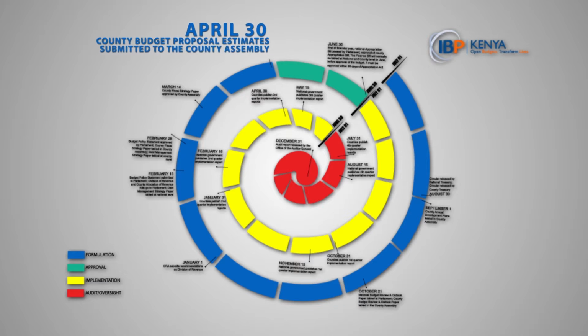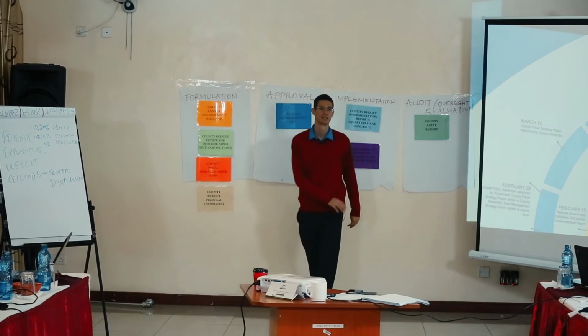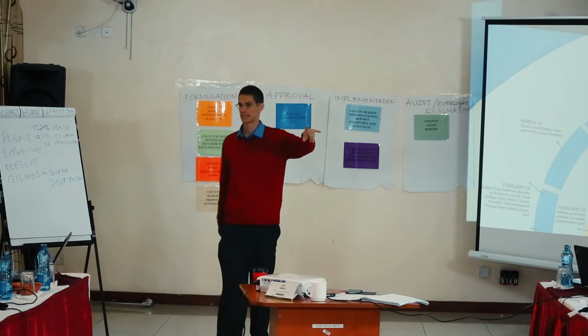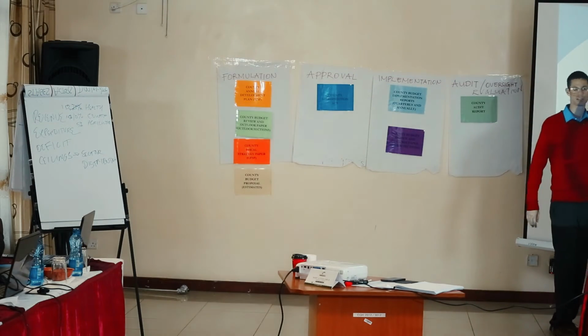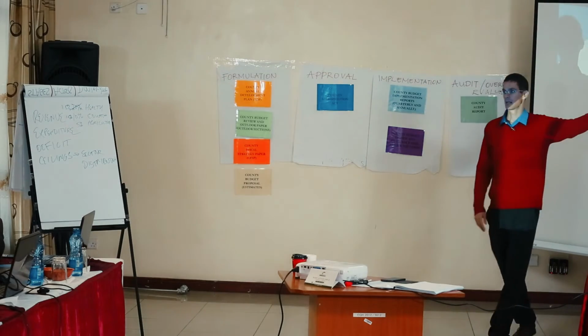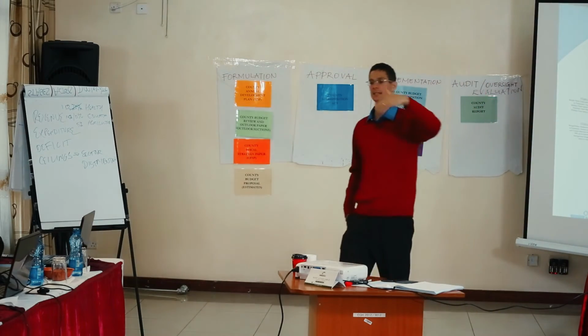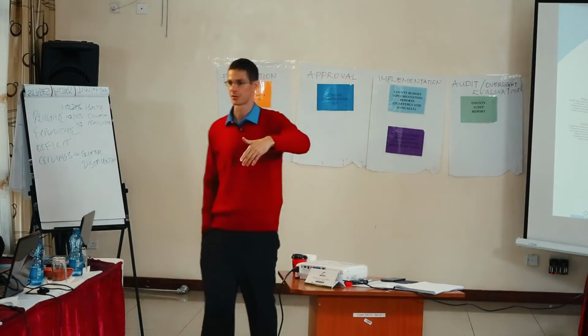It could actually also come over here because the estimates go to the assembly to be amended and approved in the form of the Appropriation Act. All right, so the estimates are tabled on April 30th, and then the Assembly has 2 months to review them, amend them, and approve them, and we said that the estimates are tabled in the Budget and Appropriations Committee.